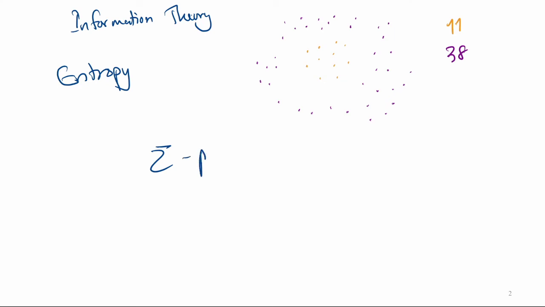So p_i times log of p_i. This logarithm could either be log of 2, or it could be a natural logarithm, or it could be the log of base 10.